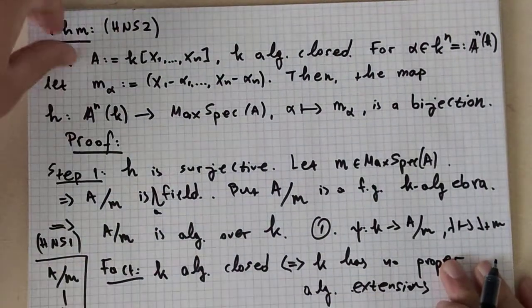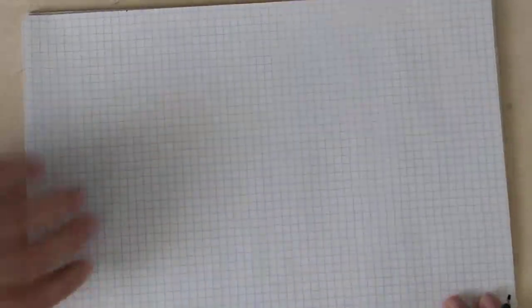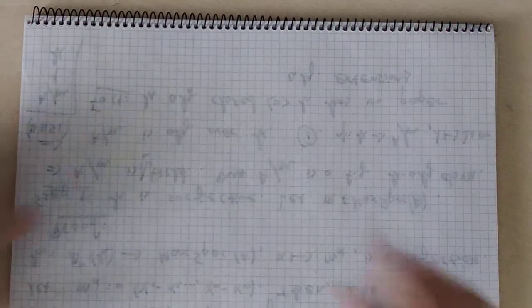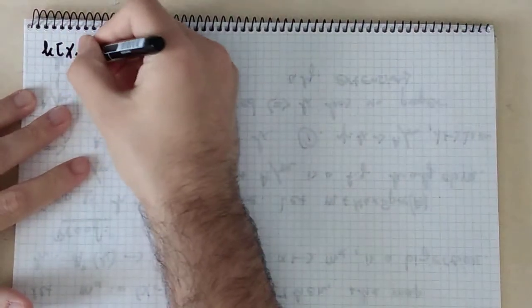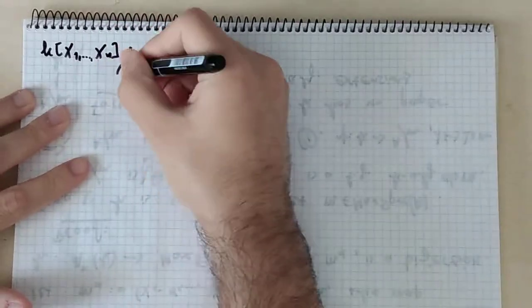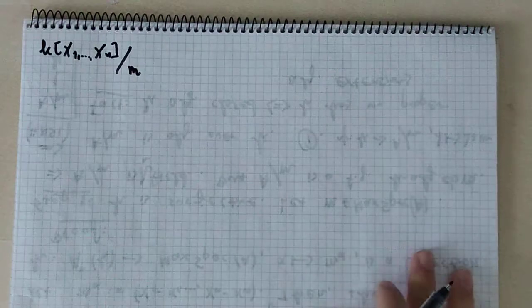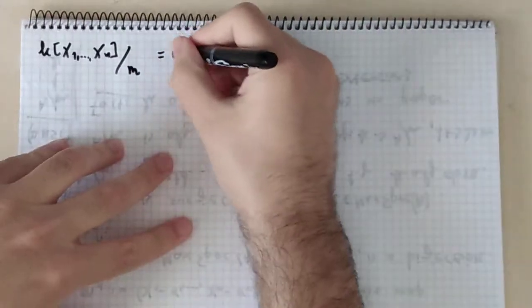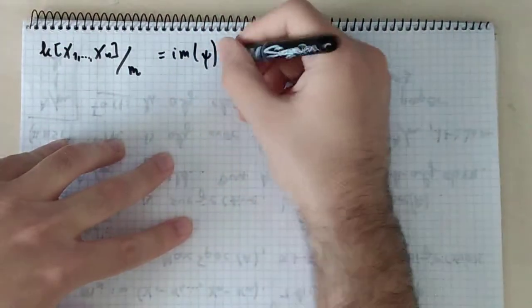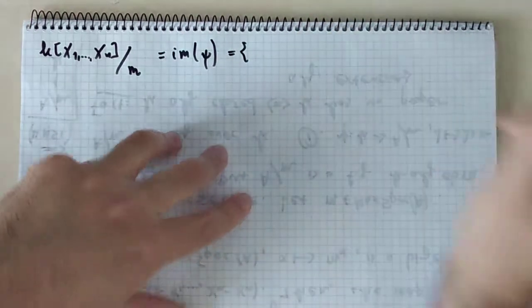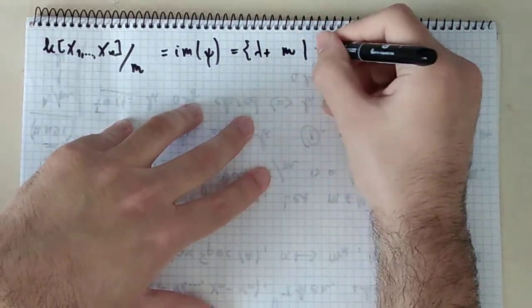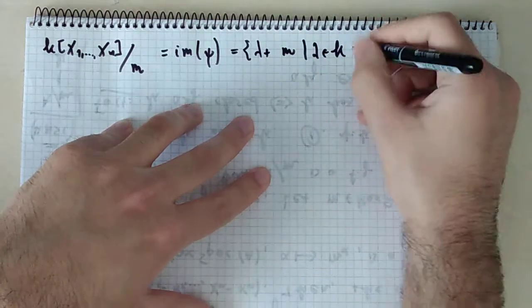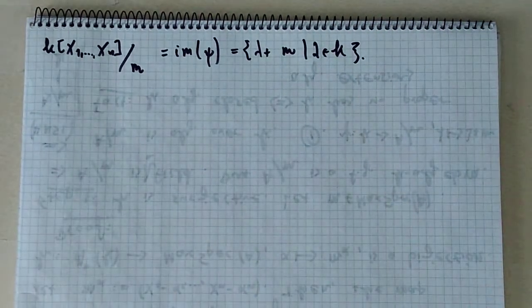But as I already said, we don't really have K being a subset of A modulo M. What we really have is that A modulo M, this guy over here, has to be equal to the image of the map psi, right? Which is by definition expressions of the form lambda modulo M, lambda running over K, right?